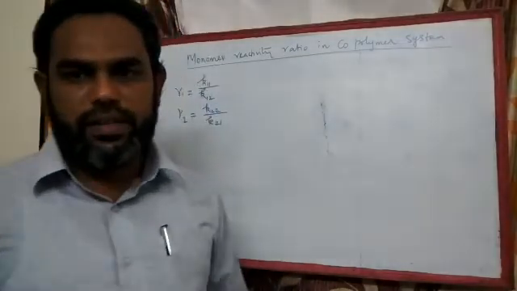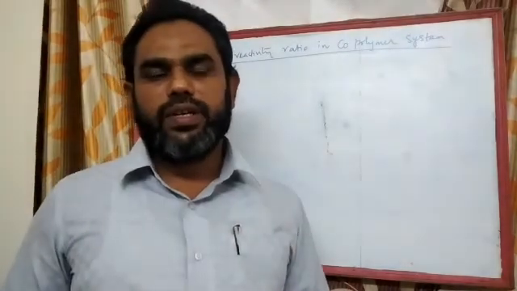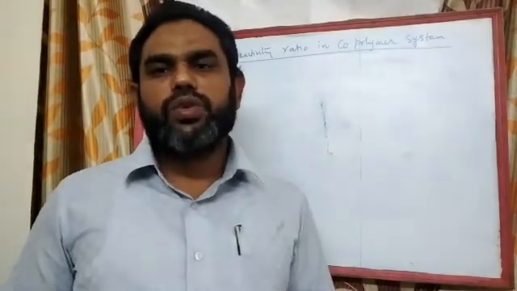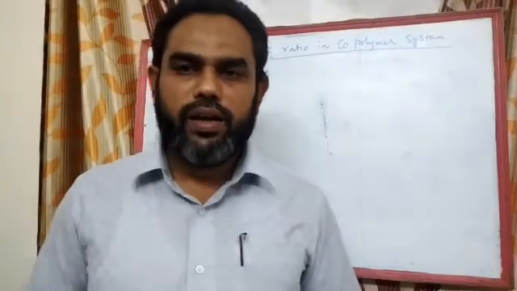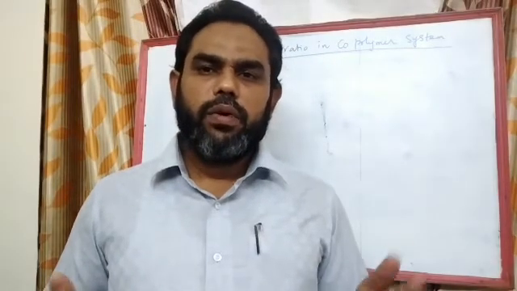So R1 and R2 are said to be the reactivity ratio in a copolymer system. What is reactivity ratio? It is nothing but the reactivity of one monomer to that of another monomer. I have told you that in a copolymerization system, the monomer feed is different from the copolymer composition in many cases.